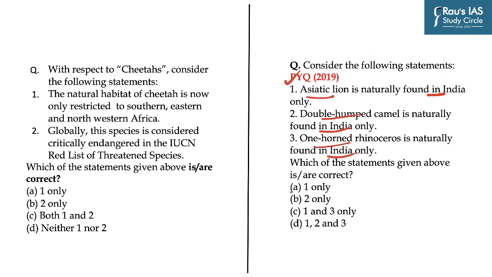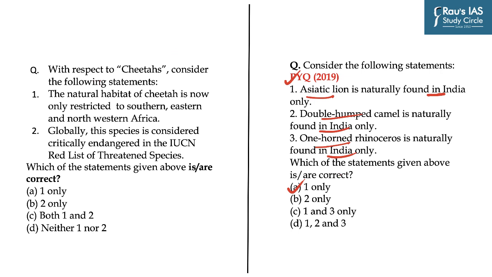The right answer in this case was of course A, one only, because the double-humped camel is naturally found not just in India but across the border also. The one-horned rhinoceros is naturally not only found in India, but let us know in the comment section what other countries it is found in.